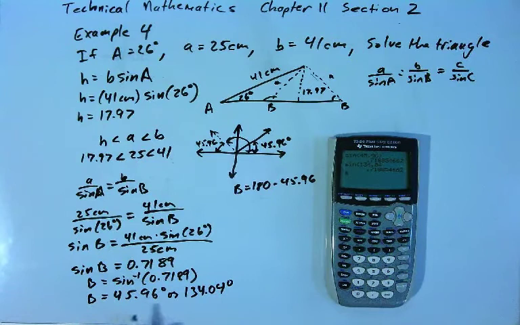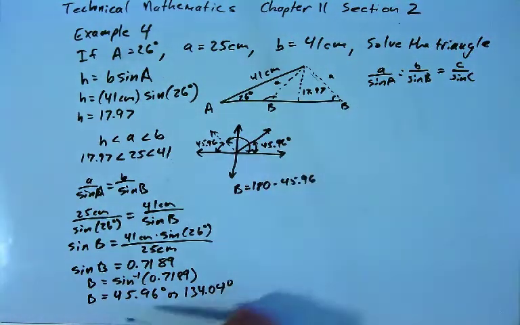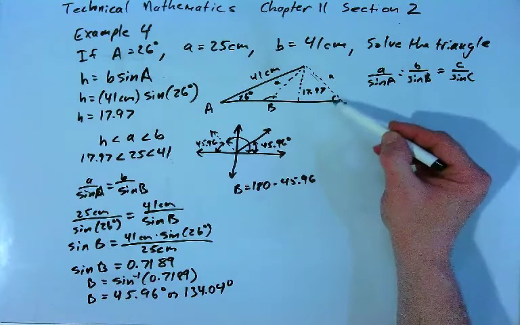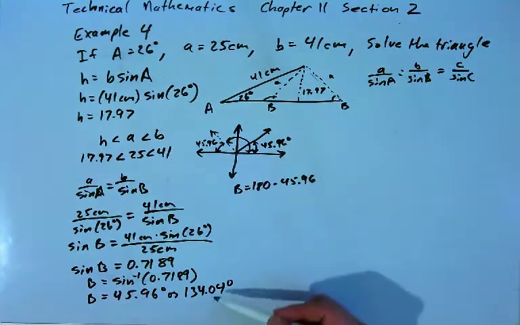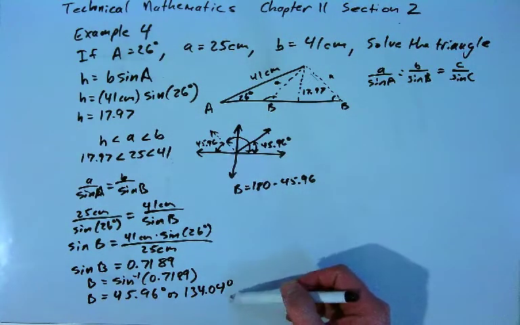And so when I took the inverse sine, I only got this 45.96 answer, but there's actually two different angles that when I take the sine of that angle gives me 0.7189. And so I had to determine the second possible answer. And so angle B is either this acute angle, 45.96 degrees, or it's this obtuse angle, 134.04 degrees.